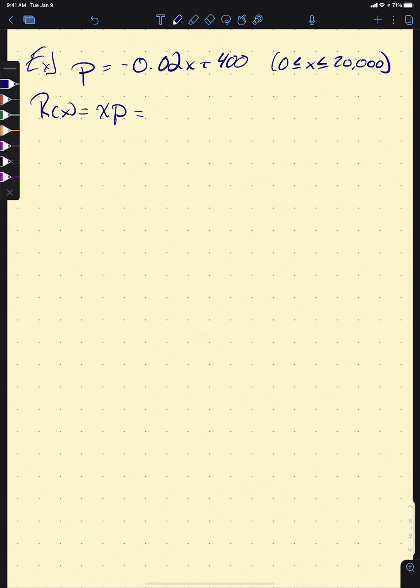We can model our revenue function. That's x times p. So it's going to be minus 0.02x squared plus 400x. Then our marginal revenue function, taking the derivative, is going to be minus 0.04x plus 400, because remember, this 2 is going to drop down and multiply, and we're going to subtract 1.